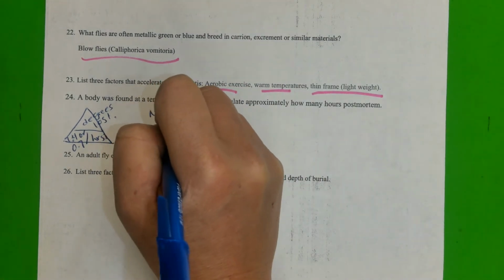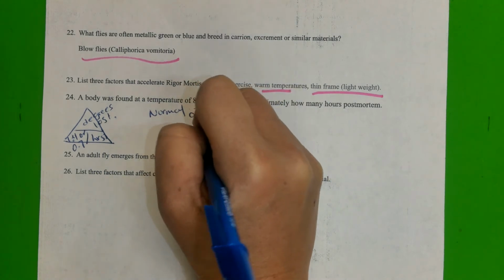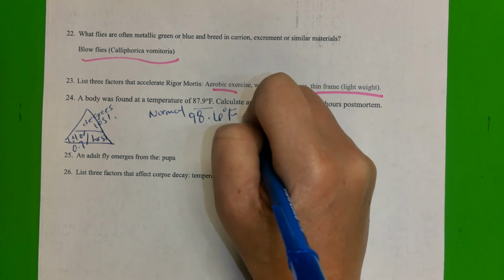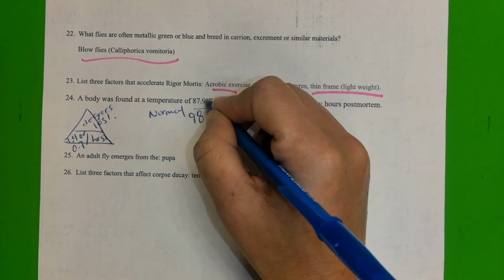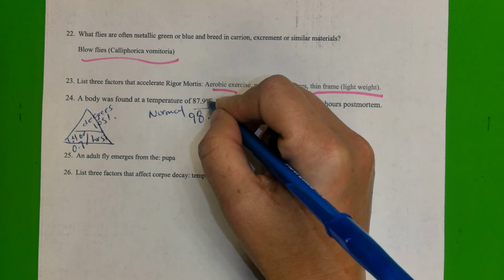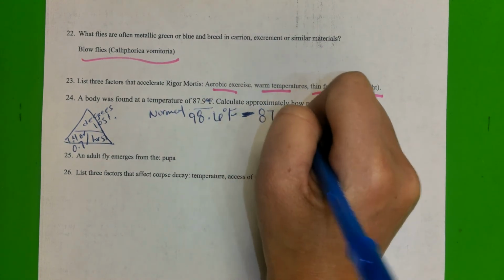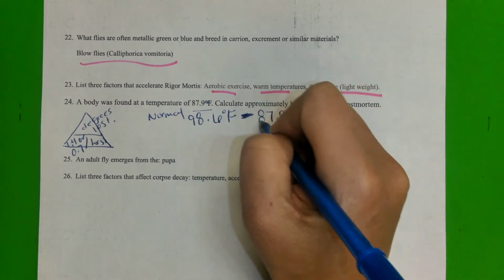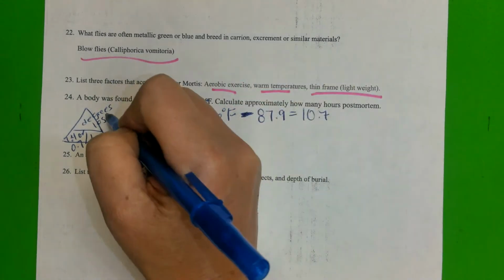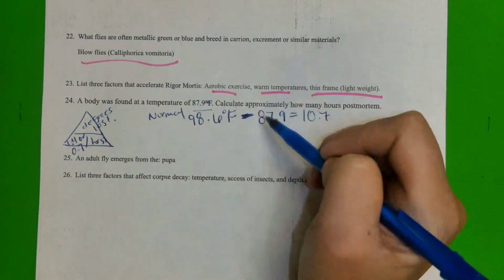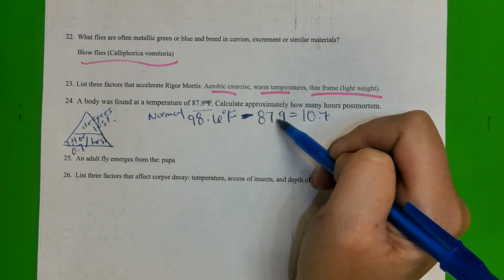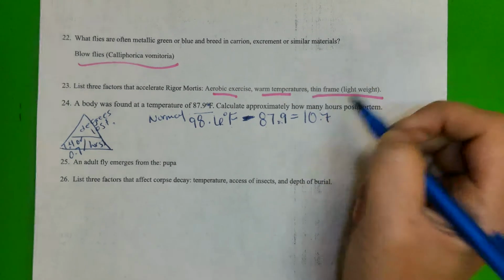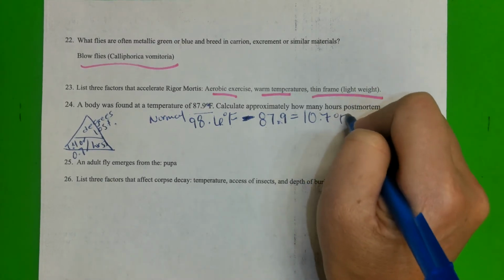Normal body temperature is 98.6 degrees Fahrenheit, and you have to subtract the 87.9. You need to get the difference because you need to figure out the degrees lost, how many degrees were lost from normal to what they took the temperature at, at the crime scene. So it will be 10.7 degrees Fahrenheit.